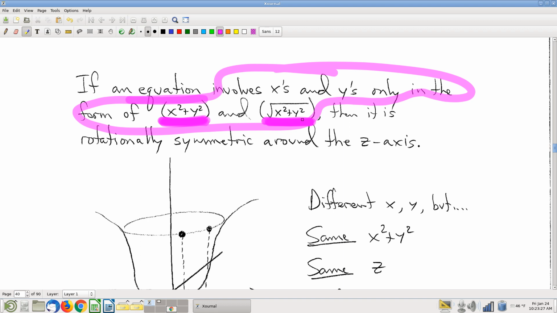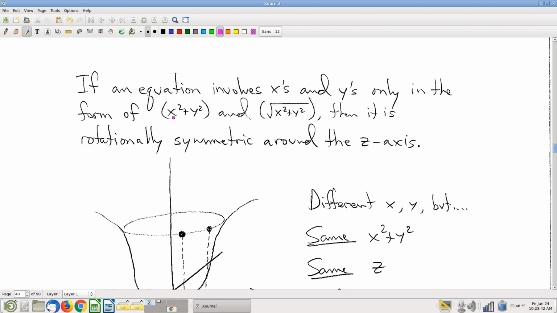Hypothetically, let's suppose, big if, this will not always be the case, but if your equation has that feature that, hey, check it out, weirdly, x and y only show up in that special form, then I claim that your surface is rotationally symmetric around the z-axis, and that's a huge amount of information.